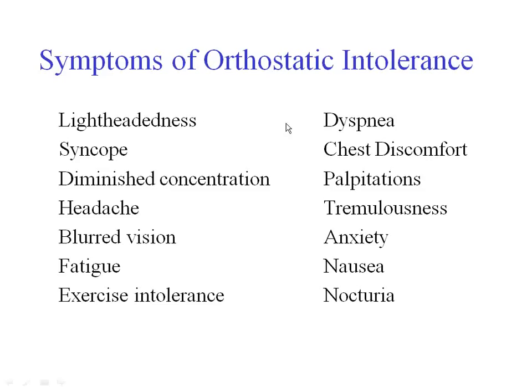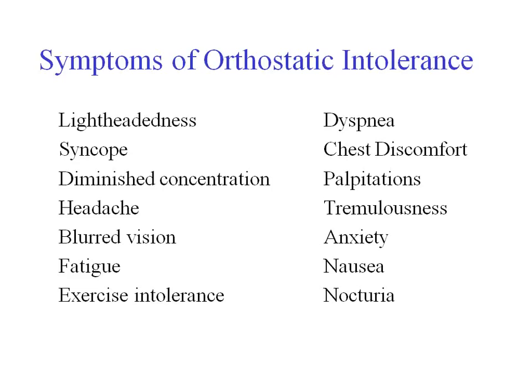Some of the other symptoms on the right relate to either inadequate blood flow back to the chest, which can give you a shortness of breath, the medical term for which is dyspnea. You can get chest discomfort. Some of these right-handed symptoms are also related to the high levels of epinephrine and norepinephrine that accompany the body's response to blood pooling in the limbs.